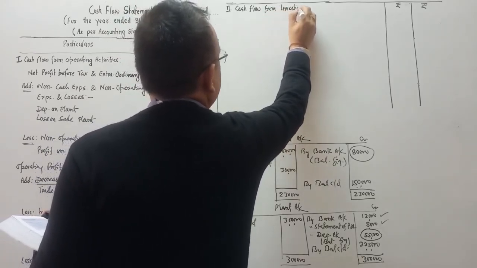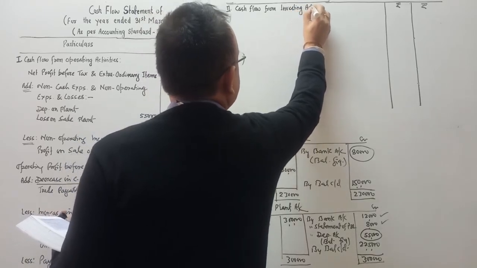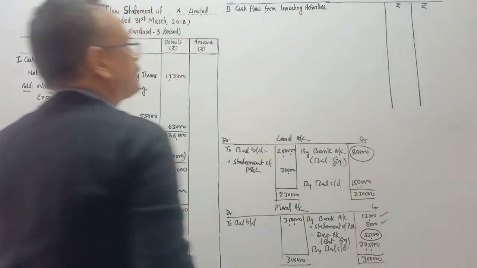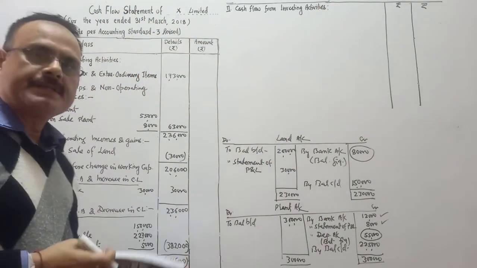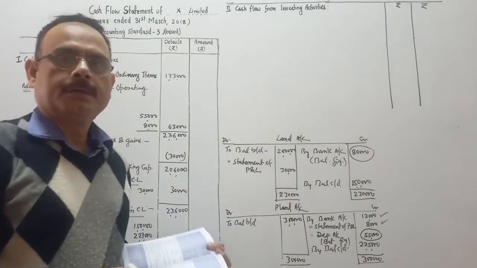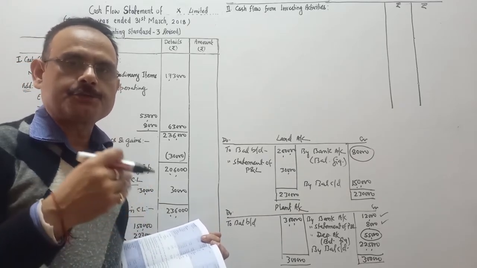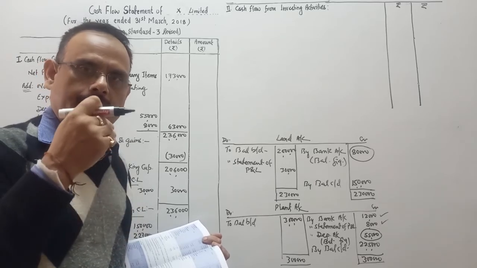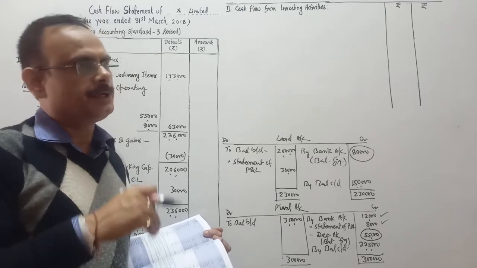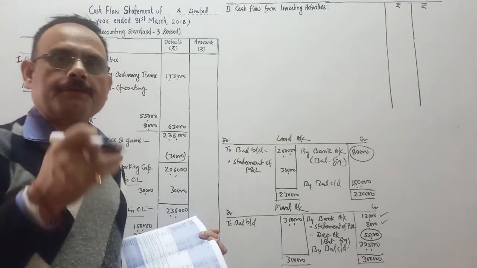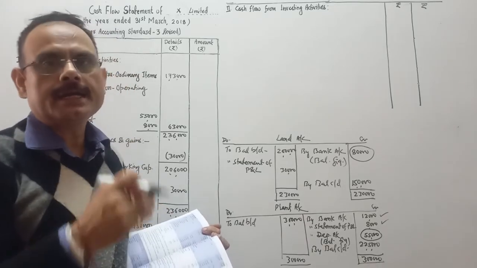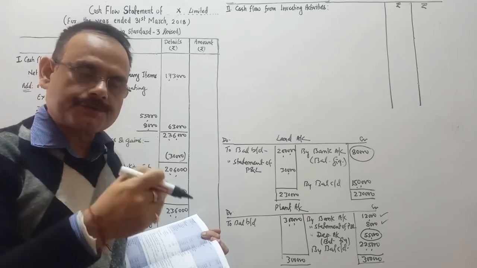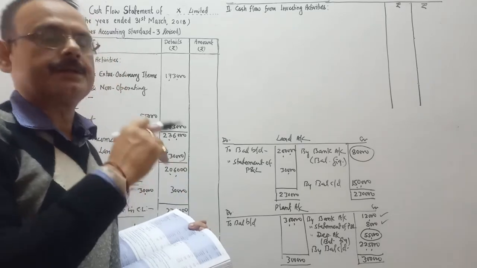This is the second activity in sequence. Investing activities, you know that, are the acquisition and disposal of assets. Acquisition means purchase, disposal means sale of fixed assets and investments, and interest received and dividend received.